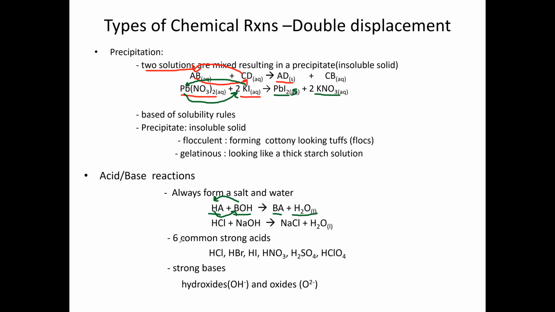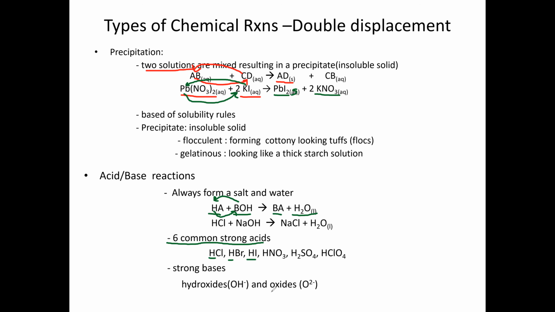Now, we did mention early on the 6 common strong inorganic acids shown here, and as you can see, all of these have hydrogen listed first, which indicates it's an acid. So with your inorganic acids, typically the hydrogen is listed first in the formula. Now with strong bases, these are going to be your hydroxides and oxides.